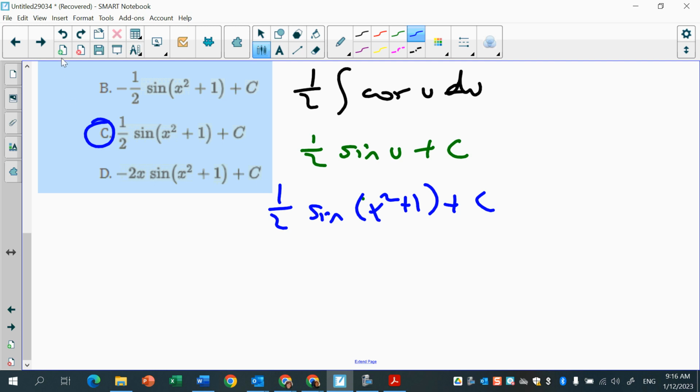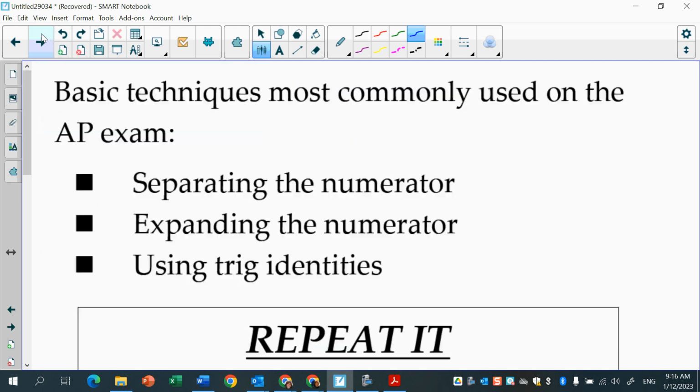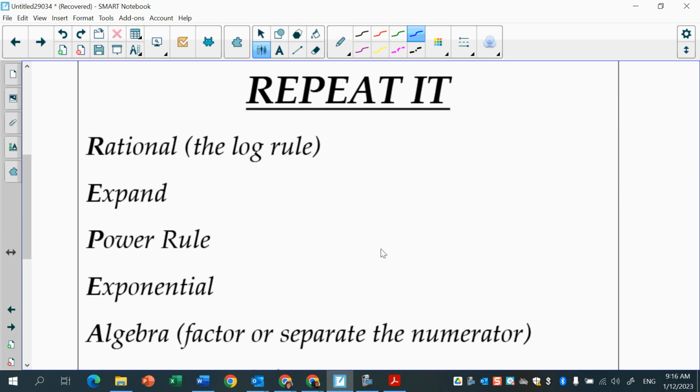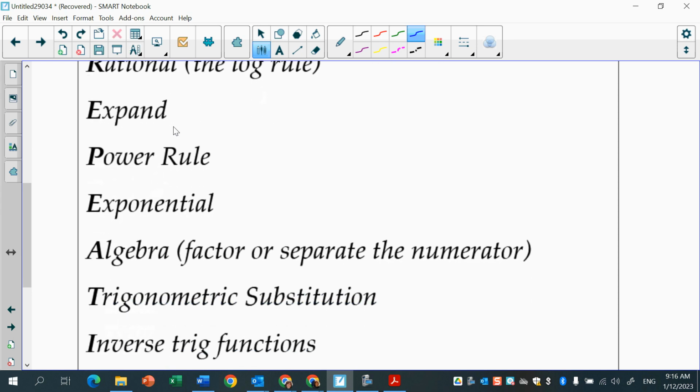All right, so a reminder of the things that we can do. Most commonly, what you're going to see on the AP exam is separating the numerator into two separate pieces, expanding the numerator, so foiling or whatever you need to do, and using trig identities. Now, whether those are inverse trig identities or regular trig identities, they're both there. So here's something to help you remember called REPEATED. R for rational, the log rules, like log form.